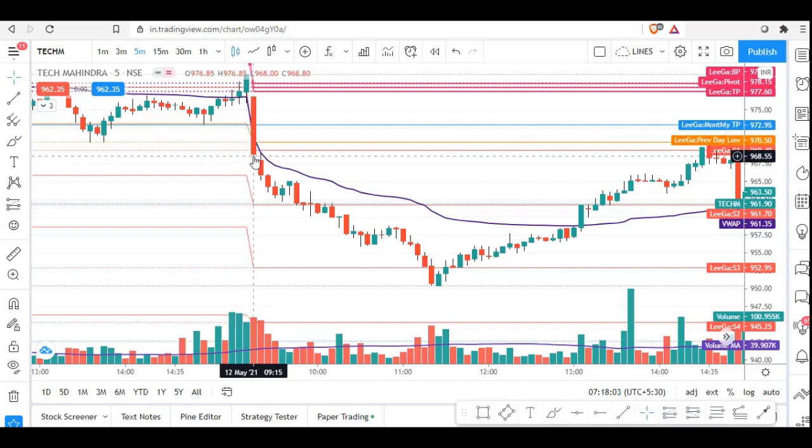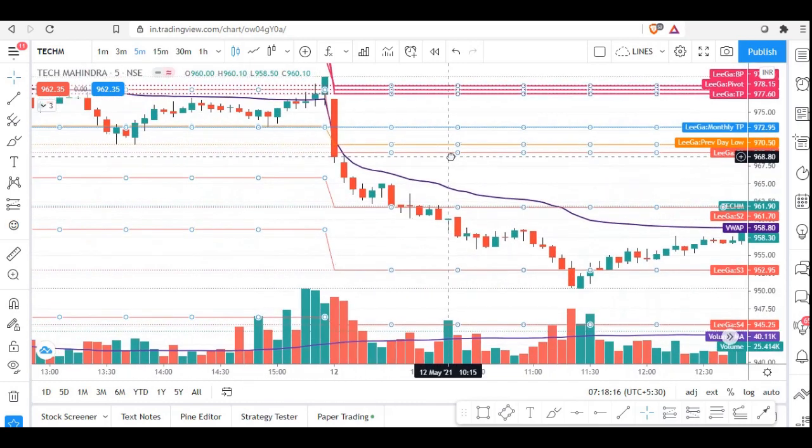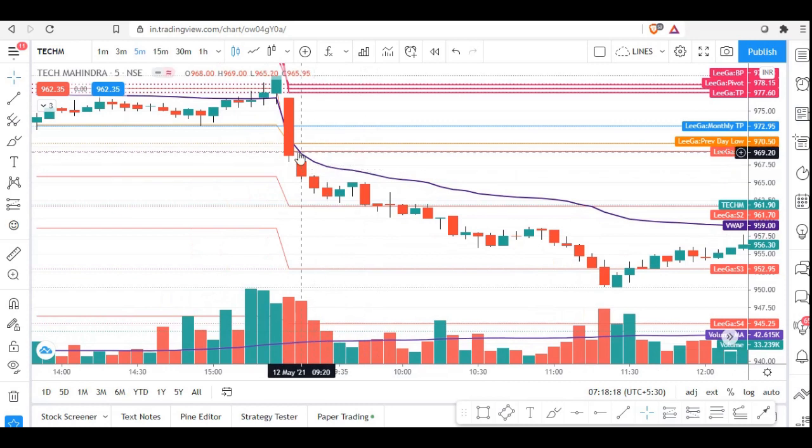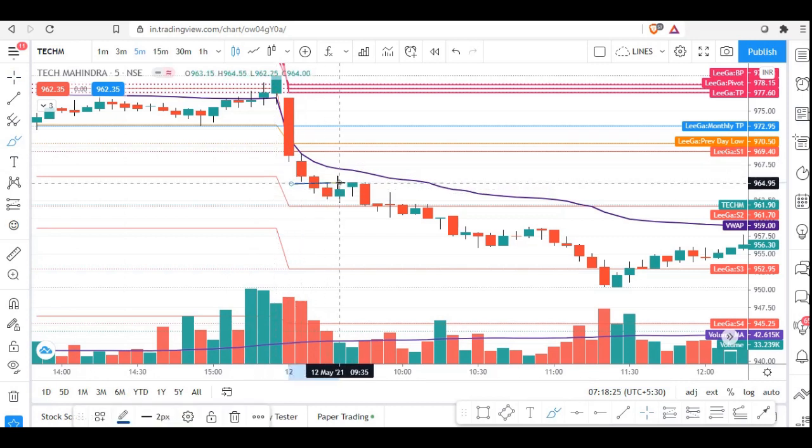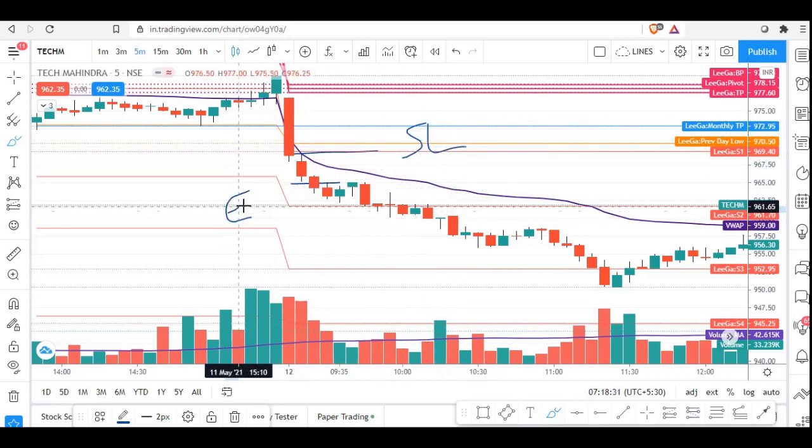This is a long candle, then the candle below the VWAP. We can take short below this line, because after finishing this candle only can we take entry below this line. We can keep the stop loss here.